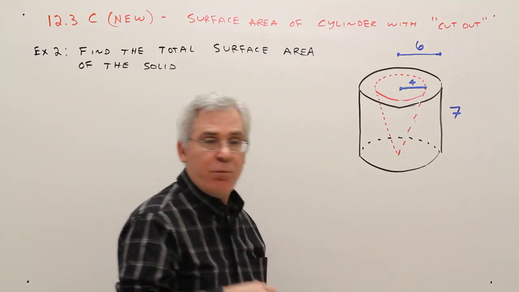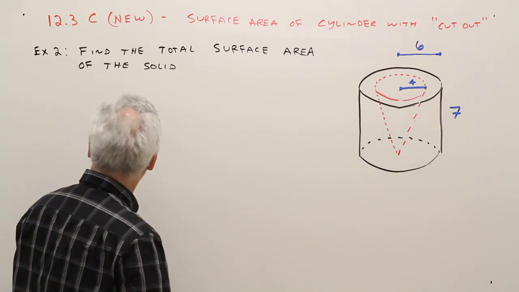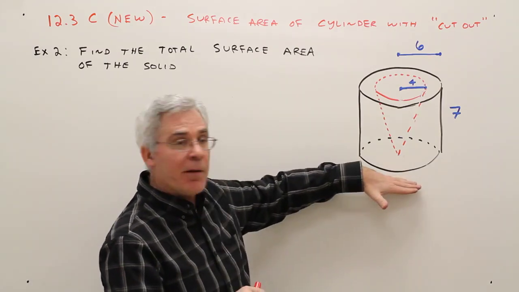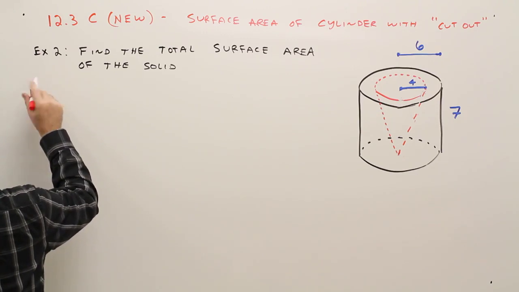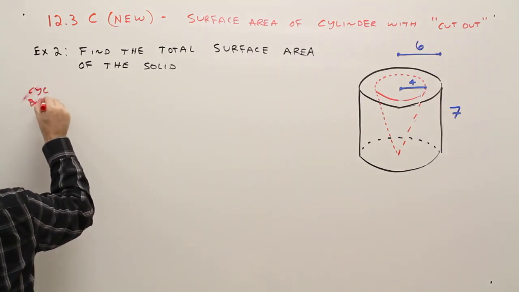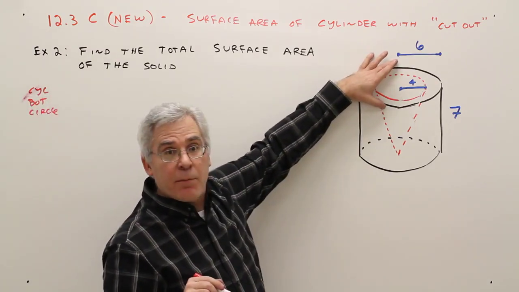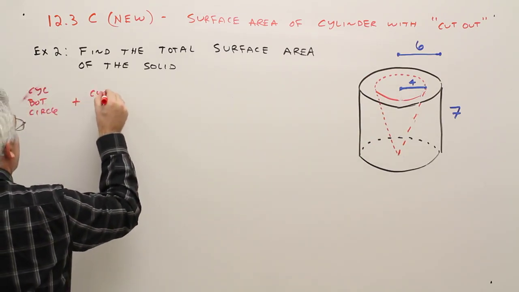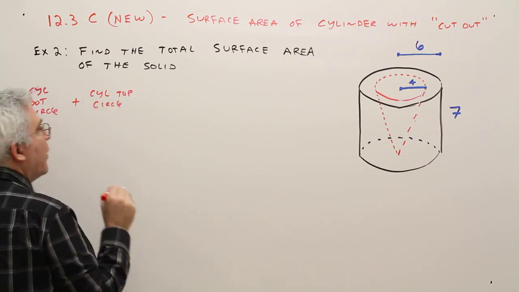What I'm going to do is just break this down surface by surface. Okay, so here we go. Let's start with, I've got a bottom of the cylinder. So I'll say cylinder bottom circle, plus the cylinder top circle.